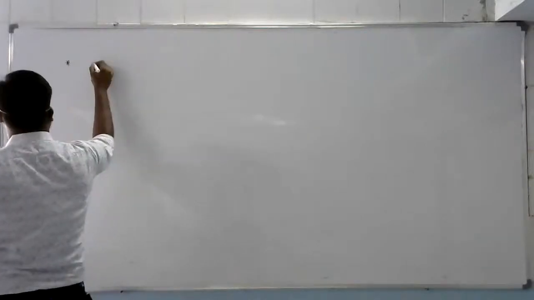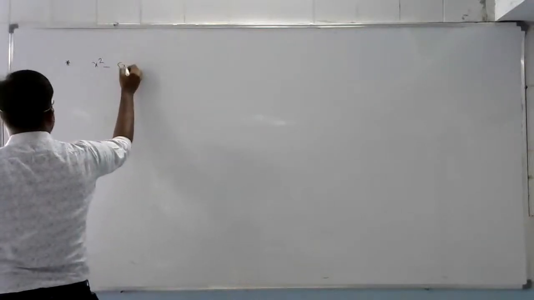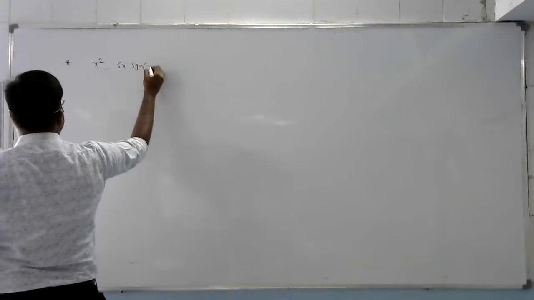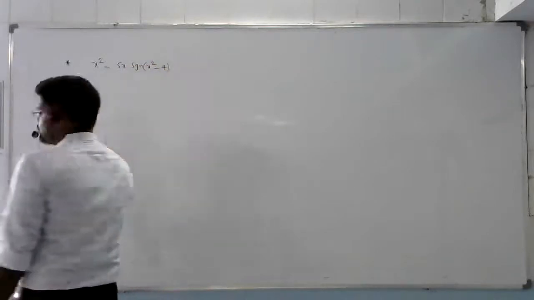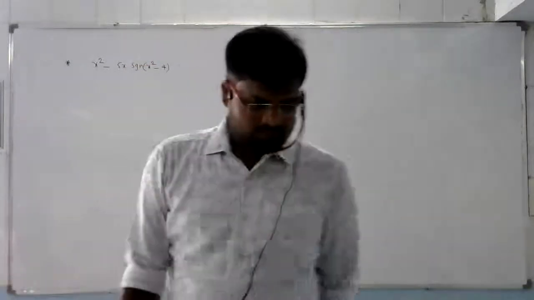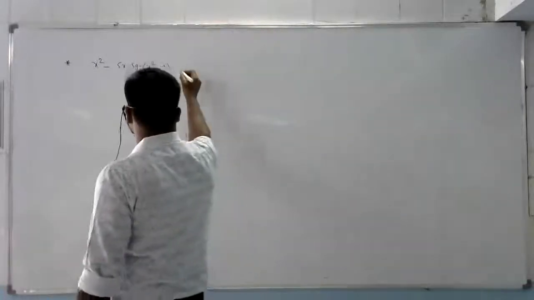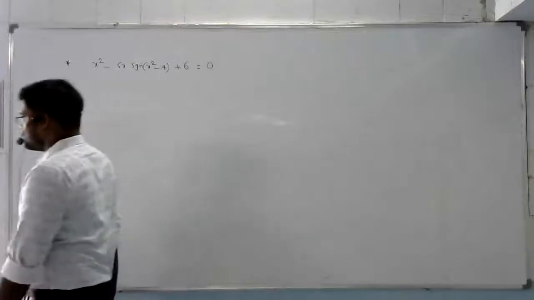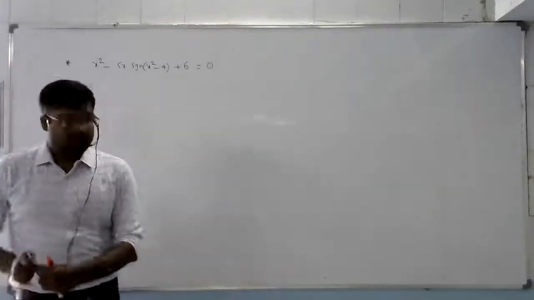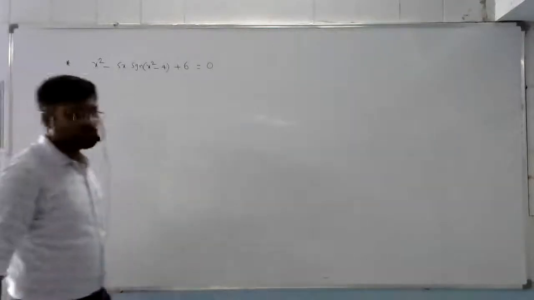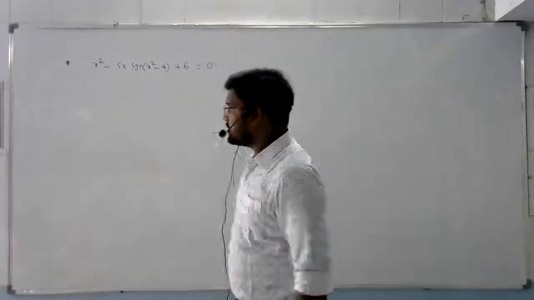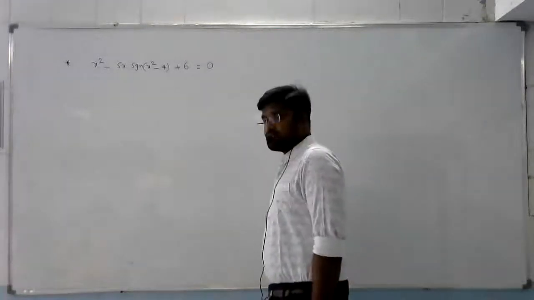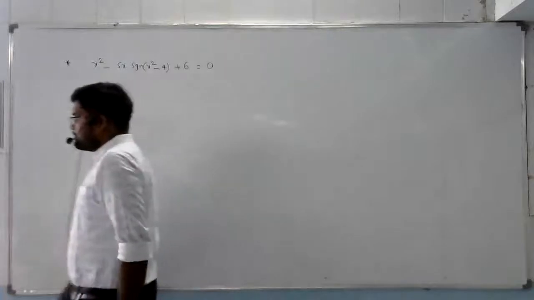Solve the equation x square minus 5x into signum of x square minus 4 plus 6 equal to 0. Quick.